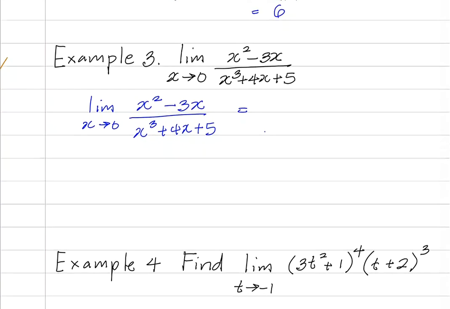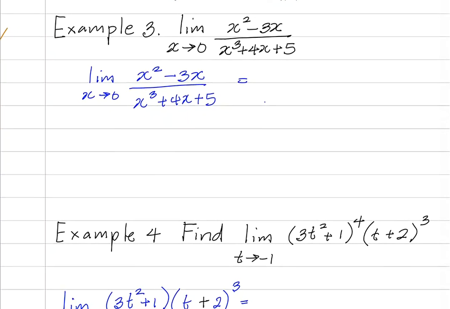Example 3 is asking us to find the limit of x squared minus 3x over x cubed plus 4x plus 5 as x approaches 0. Alright, so as x approaches 0, wherever I see x, I'm going to take out x and put 0.